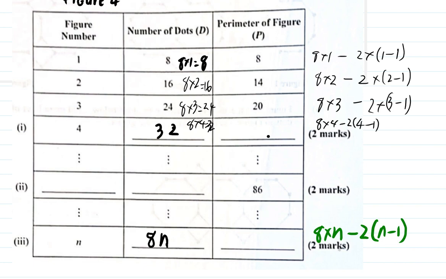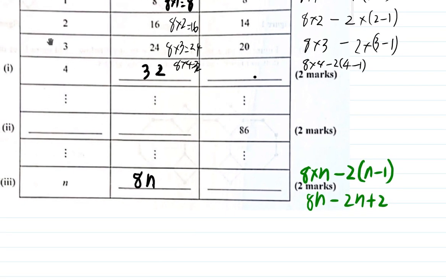Alright. If we simplify this, this is 8n minus 2(n minus 1), which is 8n minus 2n plus 2. You see that? When you multiply out the bracket, negative 2 times n gives you negative 2n. Negative 2 times negative 1 gives you positive 2, right? And then if we simplify this, 8n minus 2n is 6n, and then we plus 2.